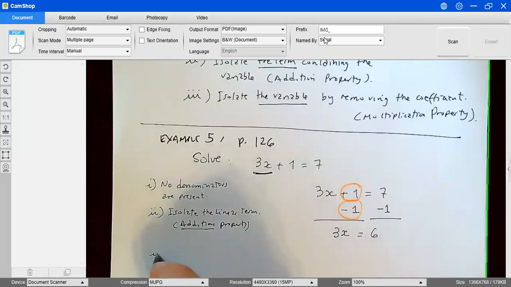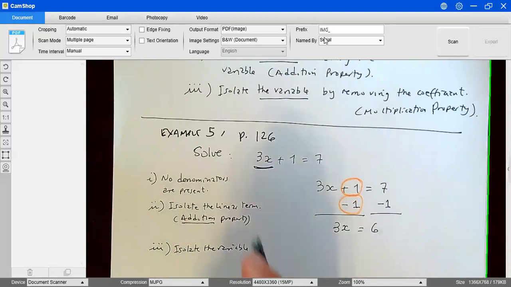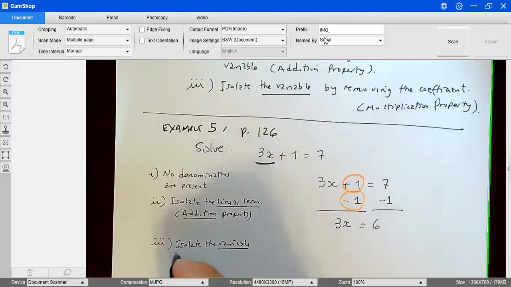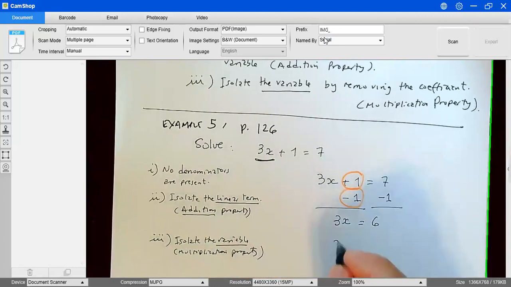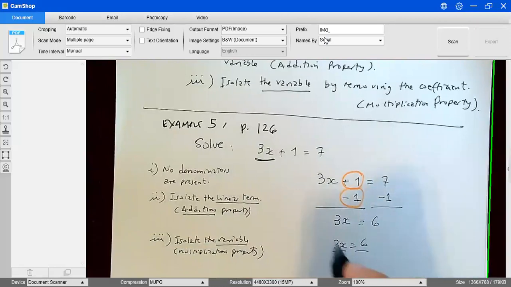Now the last step is we're going to isolate the variable. You need to be careful. You first isolated the linear term. Now we're going to isolate the variable, so we're going to apply the multiplication property. In this case, we have 3x equals 6. We need to divide by the coefficient that we want to remove.